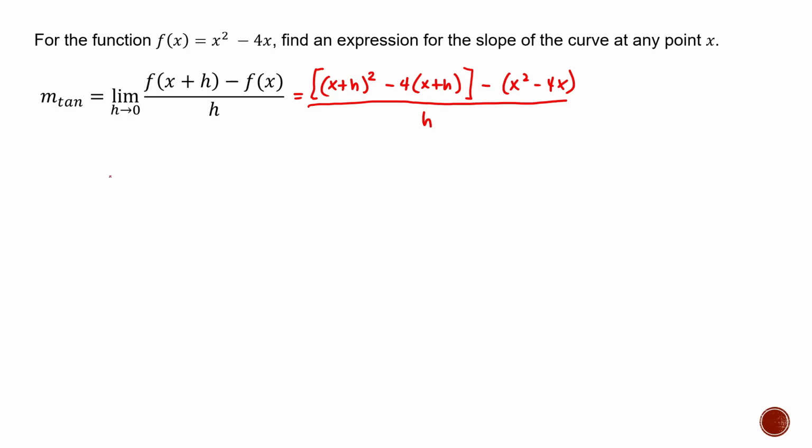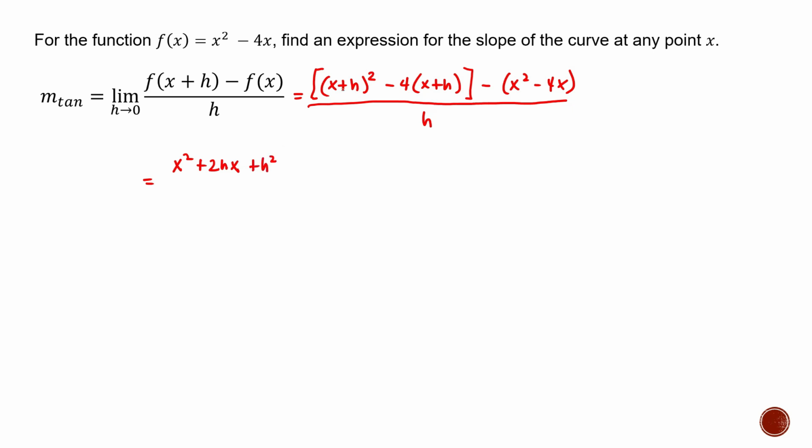Okay, I need more space here, so I'm going to move here. x plus h squared simply equals x squared, so that's x times x, and then x times h is hx, times 2 will be 2hx, and then plus h squared.